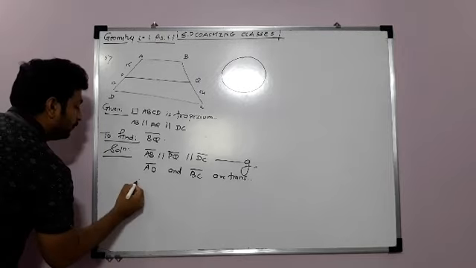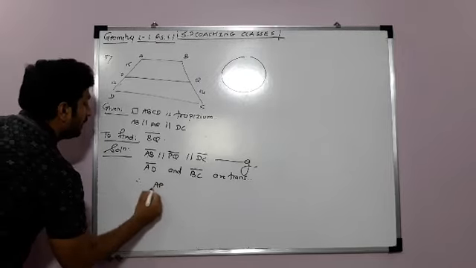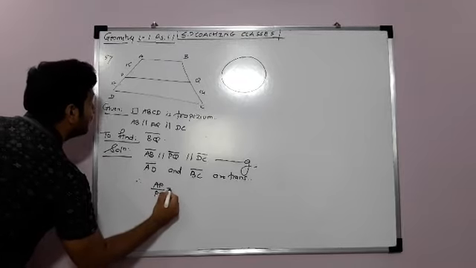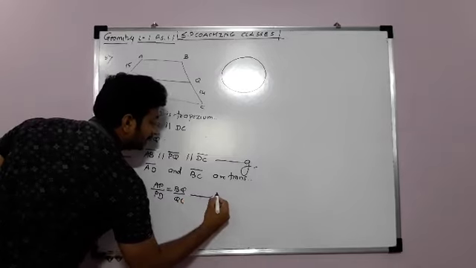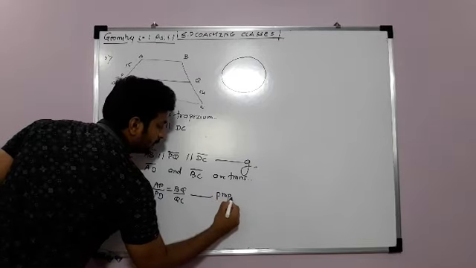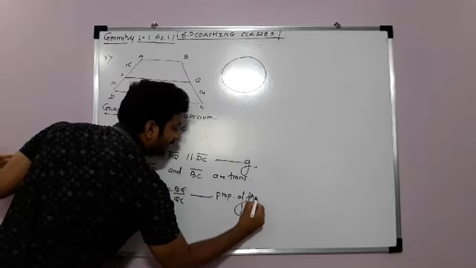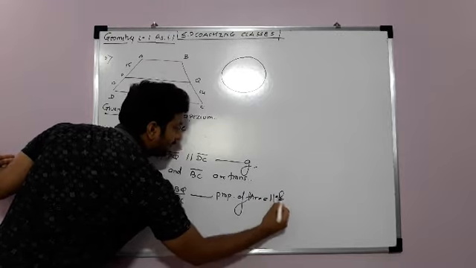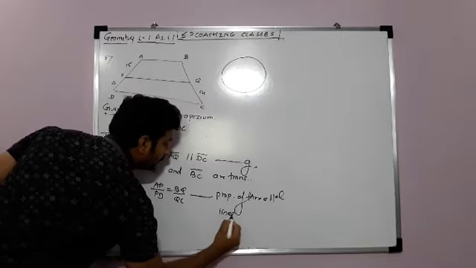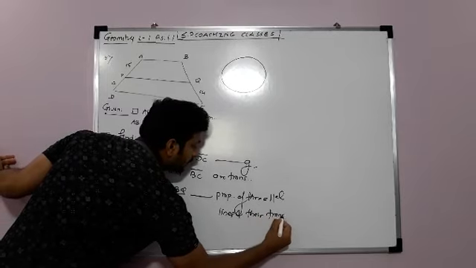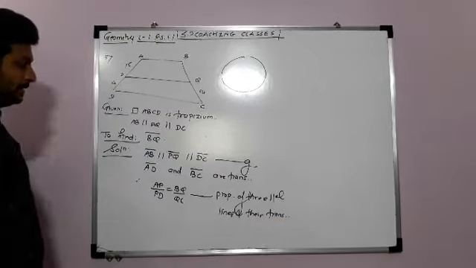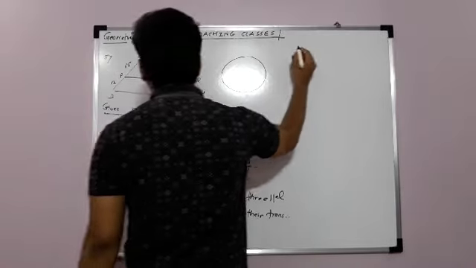So, guys, we will write AP upon PD is equal to BQ upon QC. Reason, guys? Property of three parallel lines and their transversals. Got it?